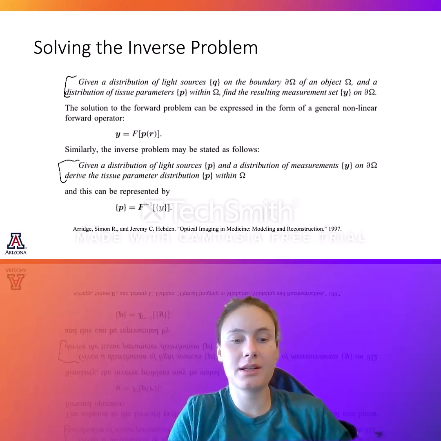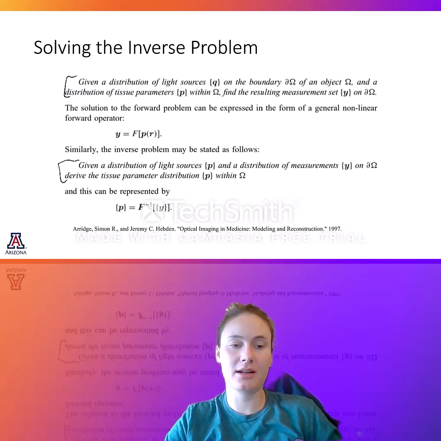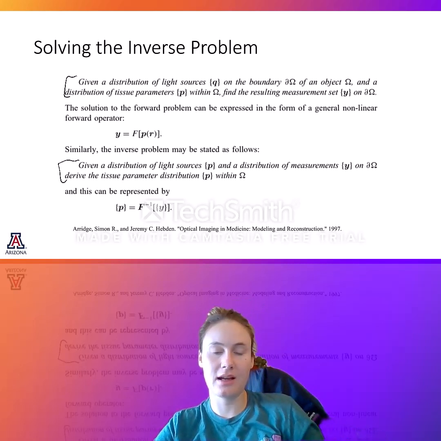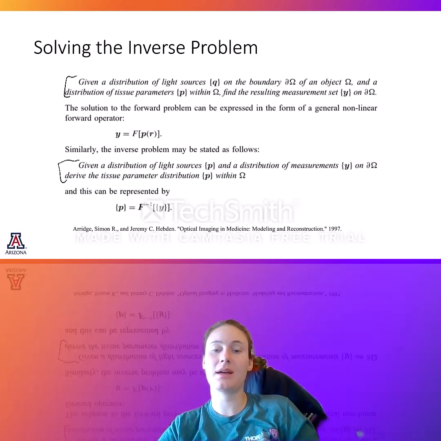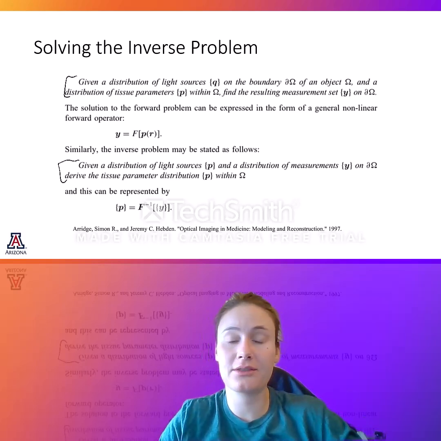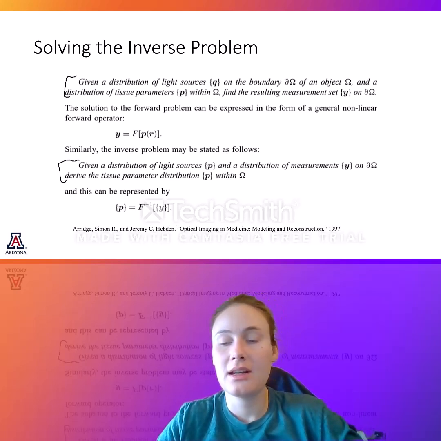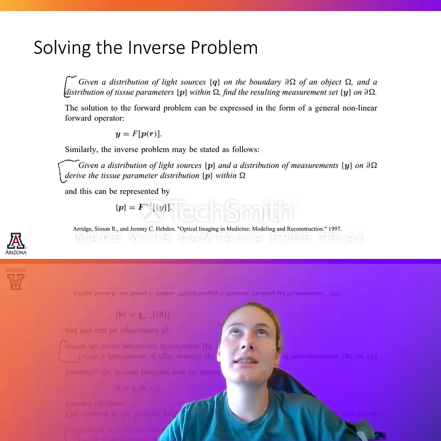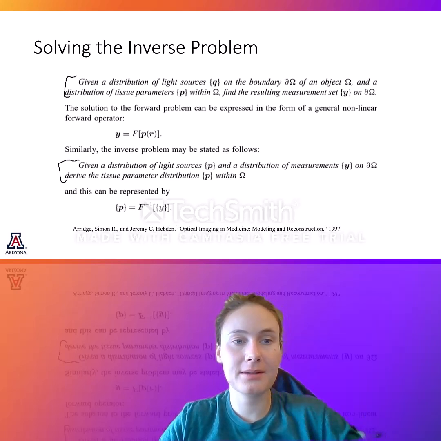I'm just going to walk you through this a little bit. It's from a paper by Simon Arridge called Optical Imaging in Medicine, Modeling and Reconstruction. This is from 1997, so there has been some work done on that since then, but not a whole lot, surprisingly.